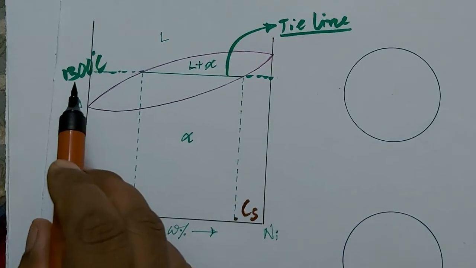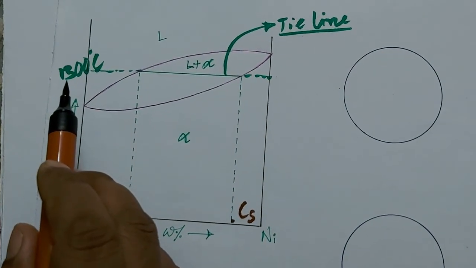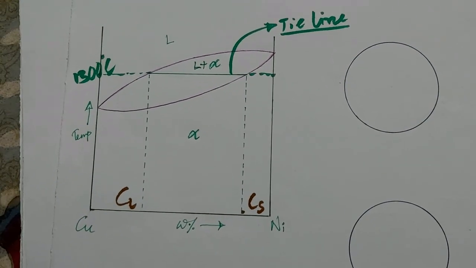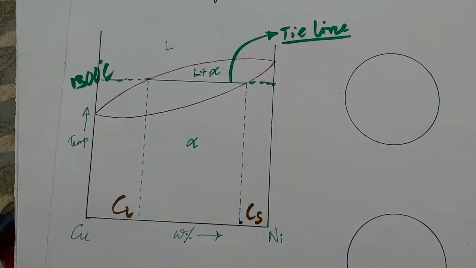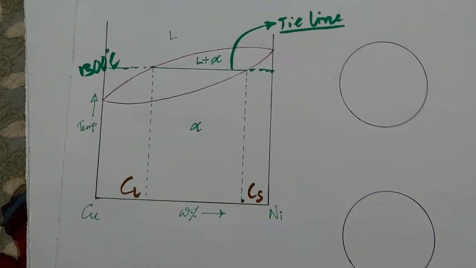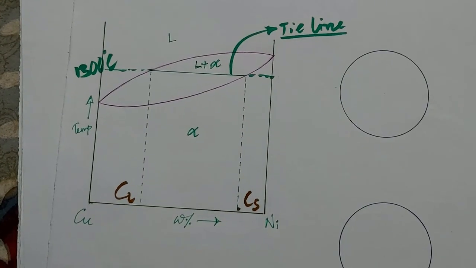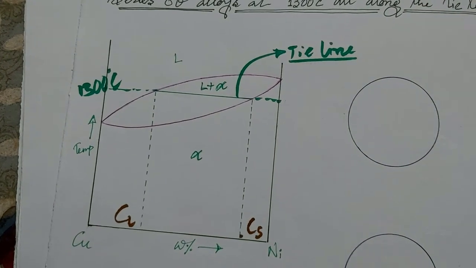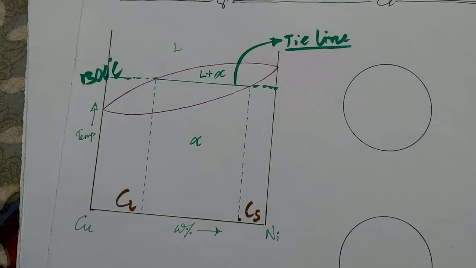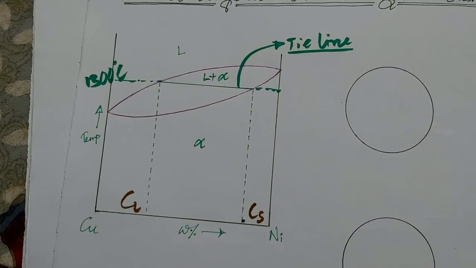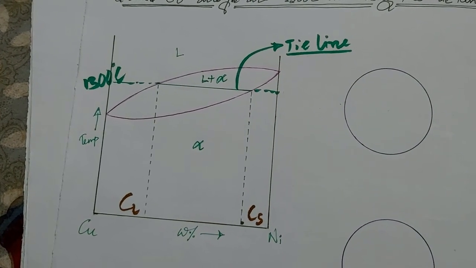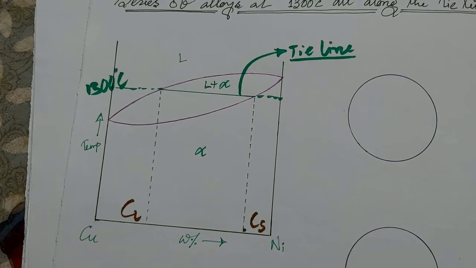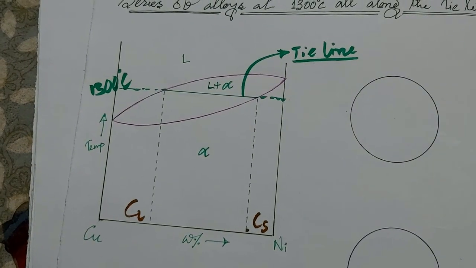In the previous case, where we saw three different microstructures, that was for constant composition, C naught, which consisted of 50% copper and 50% nickel, and we saw that for that constant composition, at different temperatures we get different microstructures, or by varying the temperature we can change the phase of one composition.